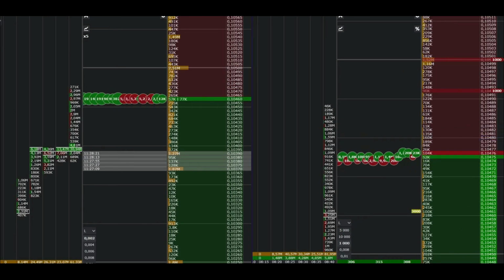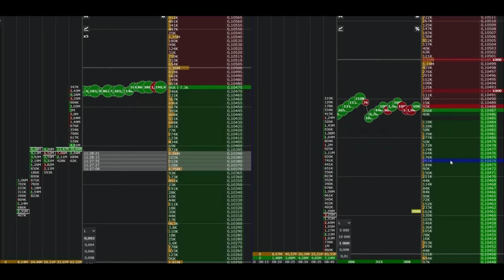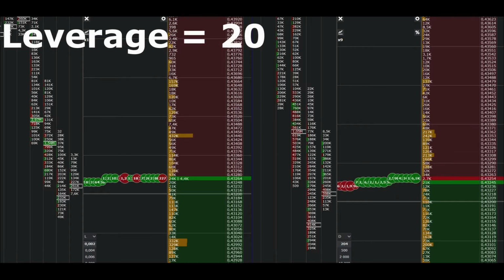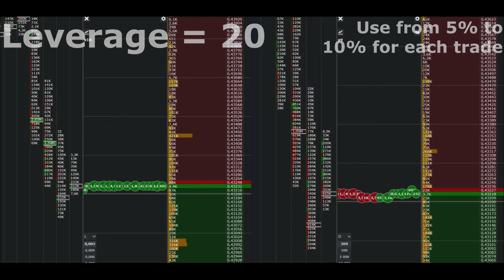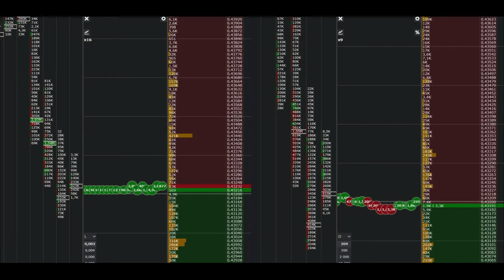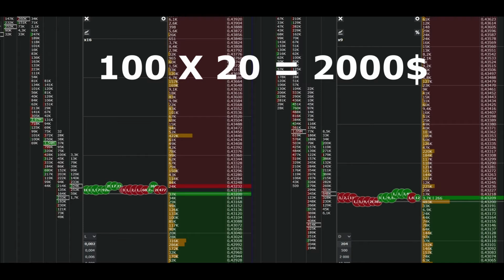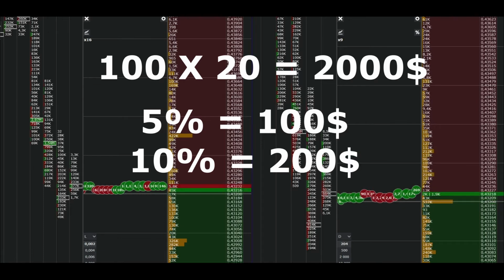We recommend setting your trading amount in advance. Let's figure out how to do it properly. If your leverage is 20x, that is the recommended standard, you should use for each trade from 5 to 10% of your deposit with leverage. For example, you have $100 of your initial capital, your leverage is 20. It means that you actually have $2,000. 5 and 10% from 2,000 is 100 and 200 correspondingly.